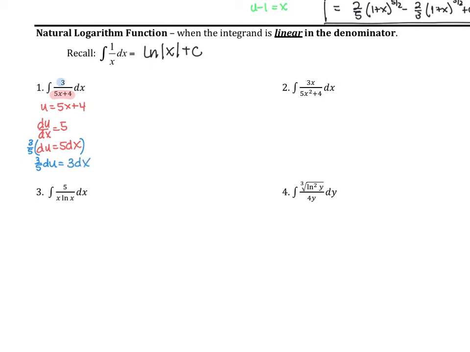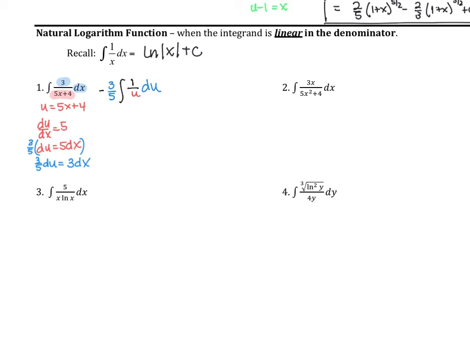And now I can make a substitution for my 3 and my dx. So in my integral, I would have 3/5 on the outside, the integral of 1 over u du. And if you notice, the integral of 1 over u is the natural log of the absolute value of u.